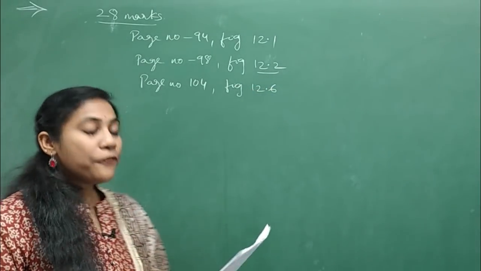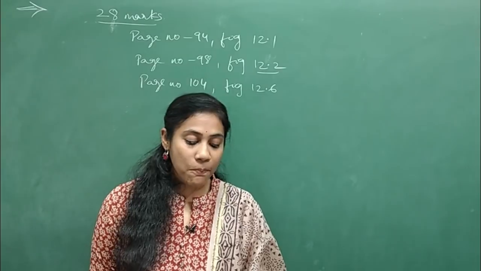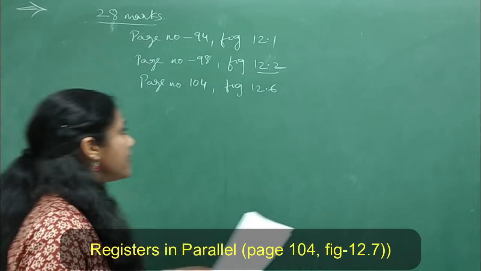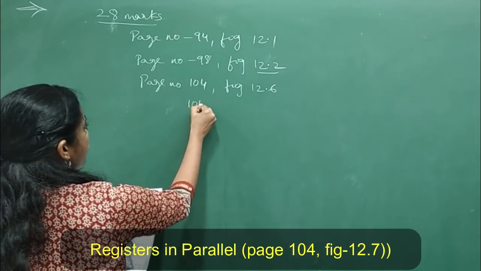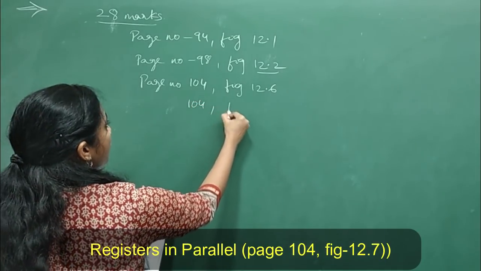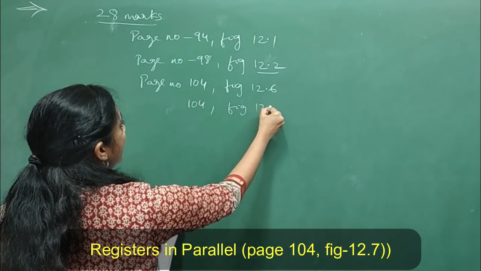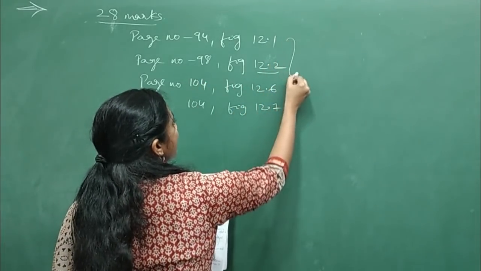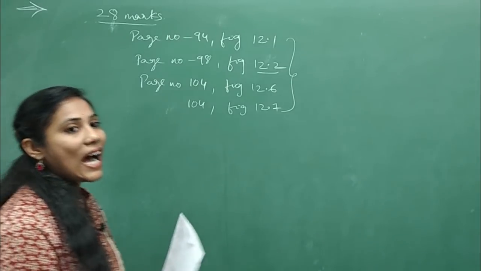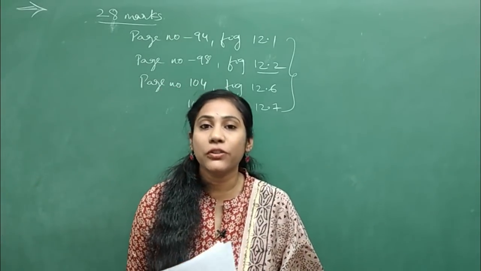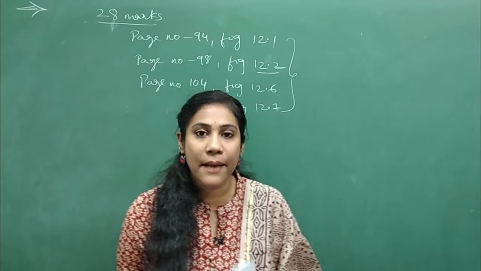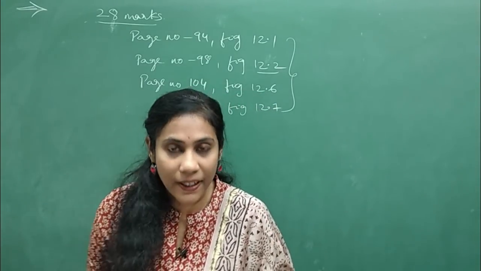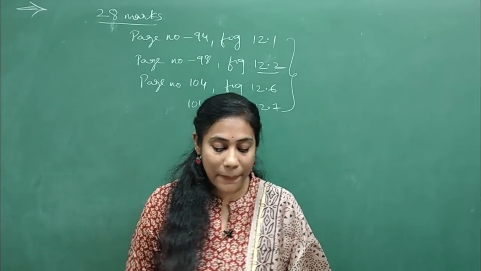Similarly, the fourth important circuit diagram is resistors in parallel, which is also on page number 104, figure number 12.7. Okay, so these are the 4 circuit diagrams that can be asked for the 2021 SSLC board examination. Clear? That's all from the electricity chapter, circuit diagram part.